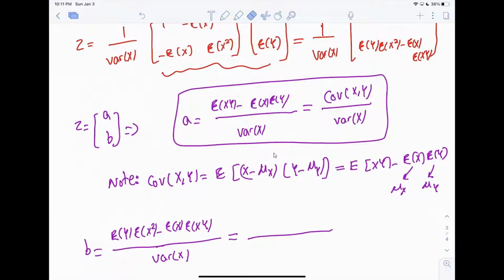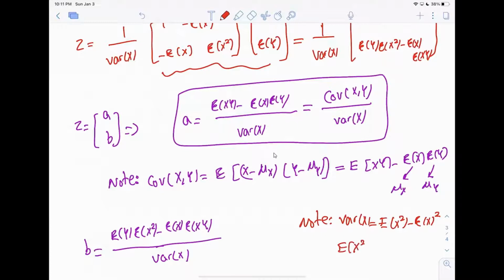Before writing that, I'm going to write a note here for you guys. Note, variance of x, as I said before in this video, is expected value of x squared minus the square of expected value of x. Therefore, expected value of x squared is equal to variance of x plus the square of expected value of x. Good.